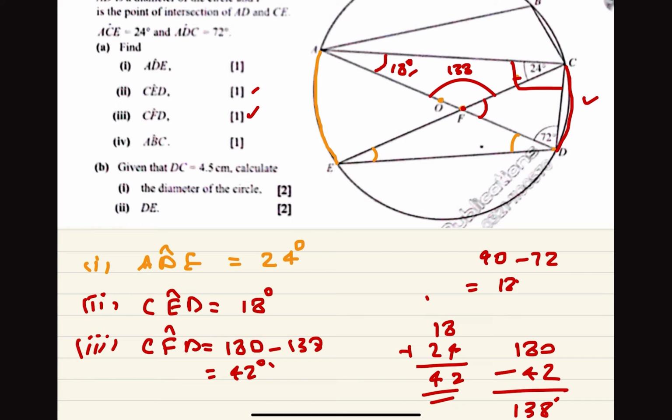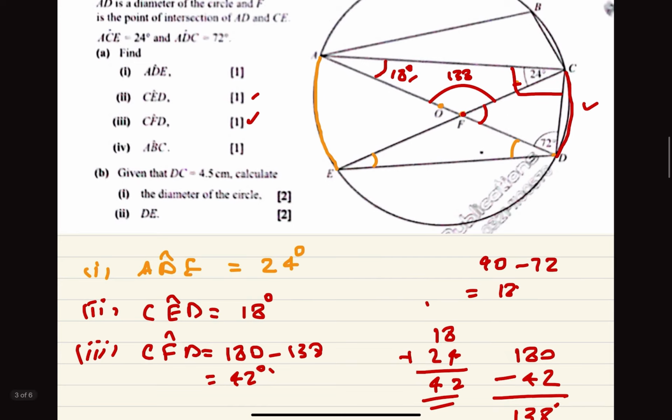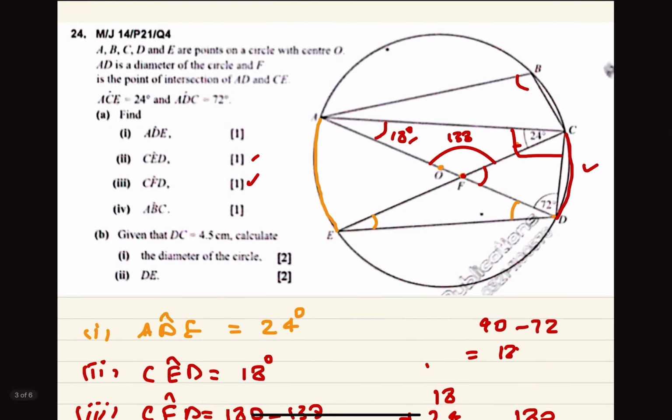The next thing is ABC. This angle we need to find out. If you can see, we have a cyclic quadrilateral here, A, B, C, and D. The opposite angles of a cyclic quadrilateral are supplementary.